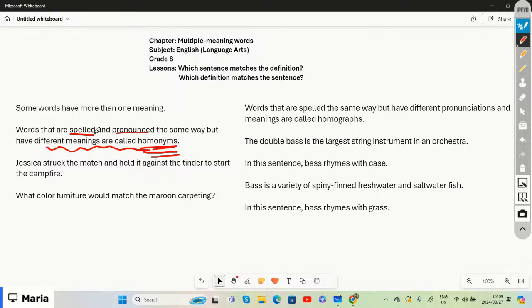And if we look at an example, it says Jessica struck the match and held it against the tinder to start the campfire. So there we have the word match, which is something that you use in order to light a fire, or to light a candle.